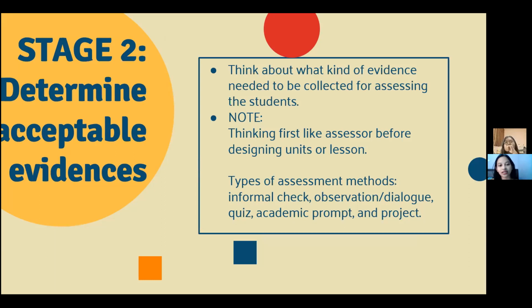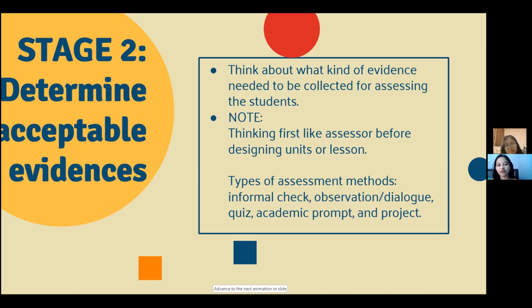Like you need to think like an assessor first, and then you need to think about the methods that you can use to measure your students. There are some types of assessment methods. The first one is informal check, observation or dialogue, quiz, and then academic prompt and project.